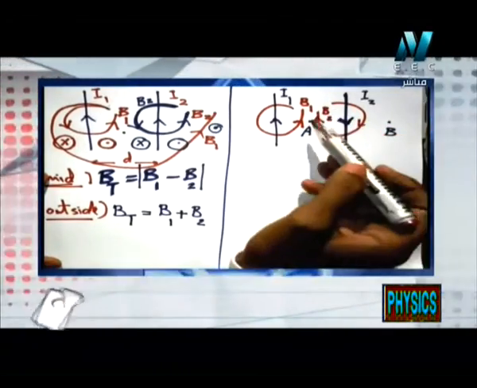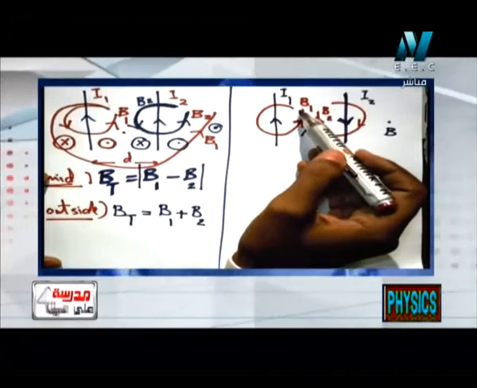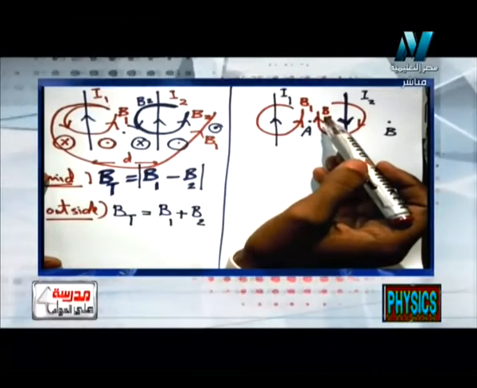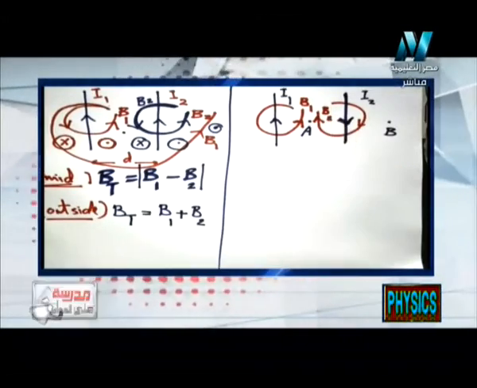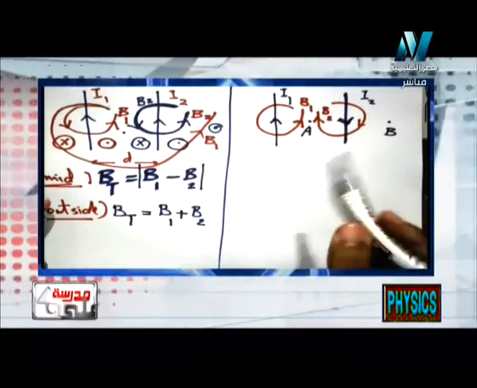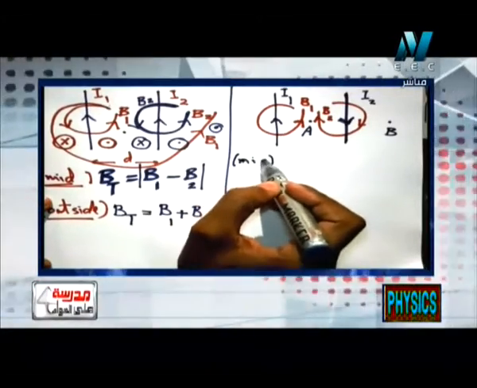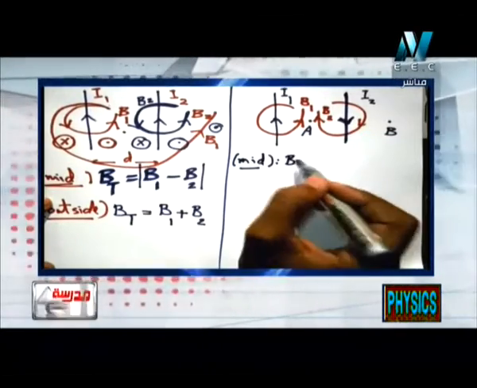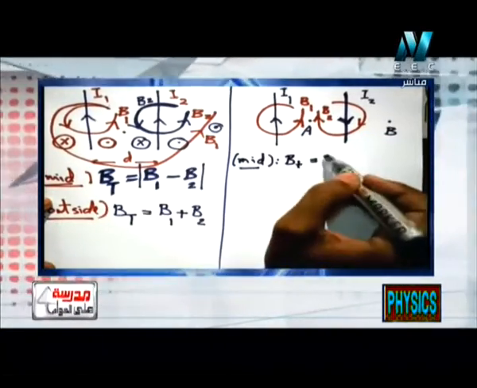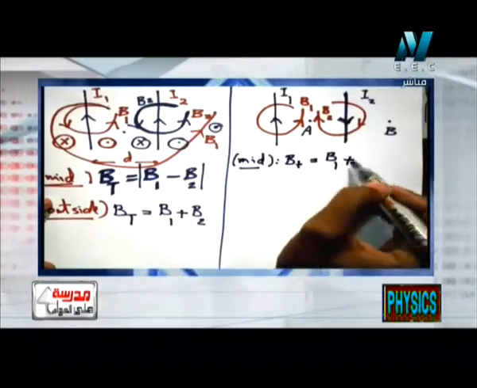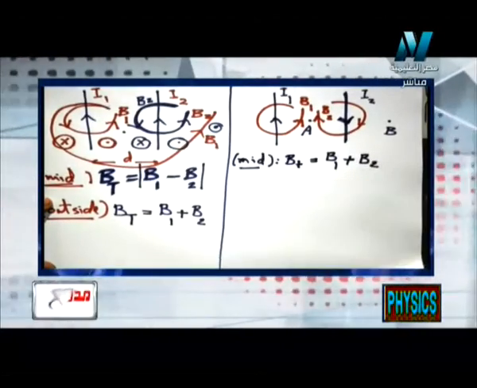We can see that at the midpoint, beta 1 is in the same direction as beta 2. So at the midpoint between them, B total equals beta 1 plus beta 2.